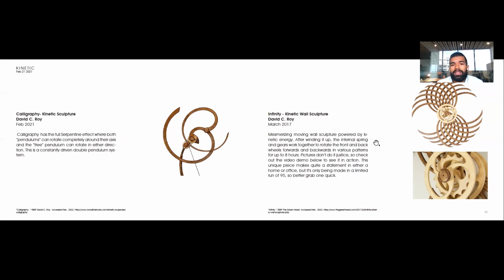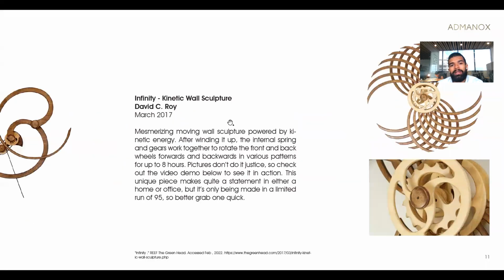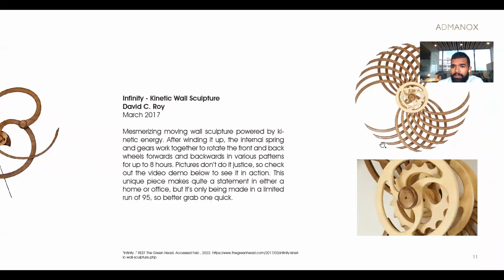The second one is Infinity by the same guy, David C. Roy, created in 2017. It's a moving wall sculpture powered by kinetic energy. After winding it up, an internal spring and gears work together to rotate the front and back wheels forwards and backwards in various patterns for up to 8 hours.